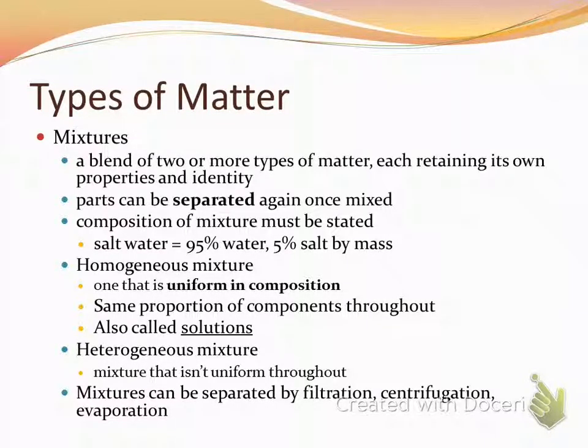What's evaporation mean? Yeah, Braden, what do you think? The liquid turning into a gas. Yeah, liquid turns into gas. So our liquid would evaporate off the top. Very good.